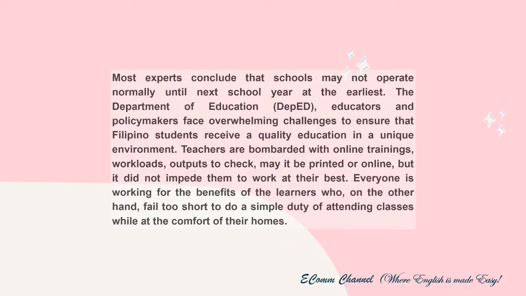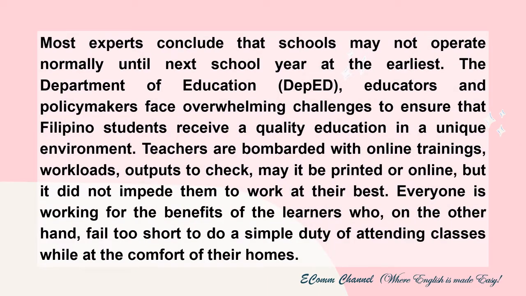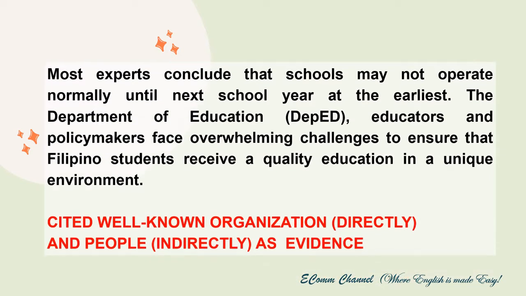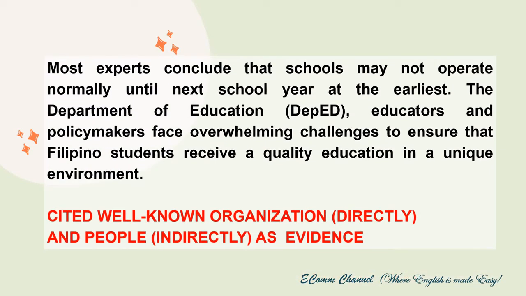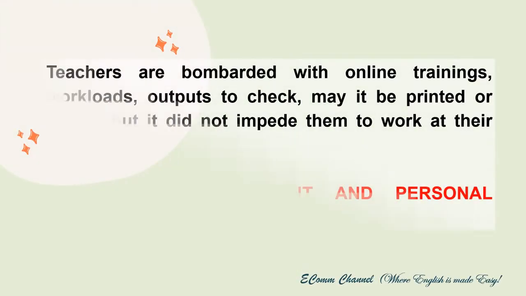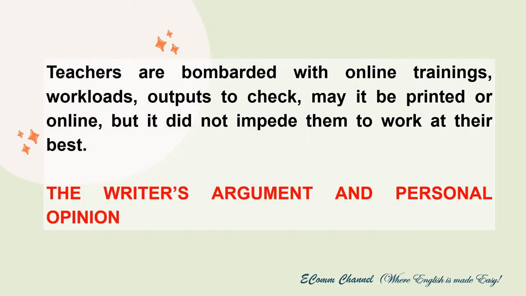And here is another one. The sentences gave us the writer's evidence proving that her stand is right. The writer proved her stand by telling the readers her point of view regarding the issue.